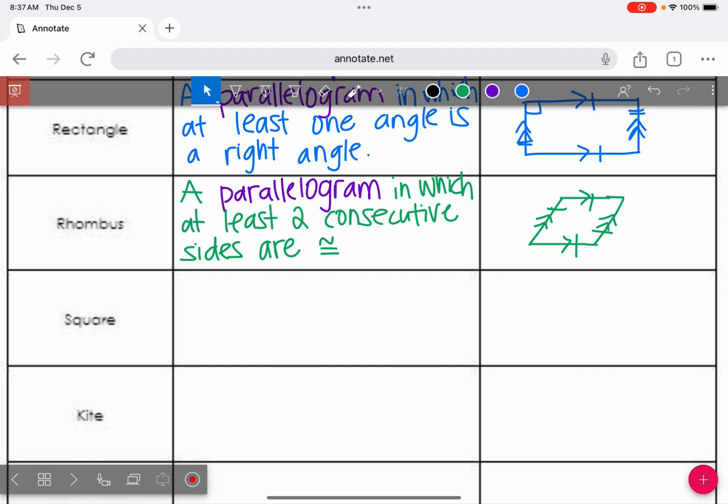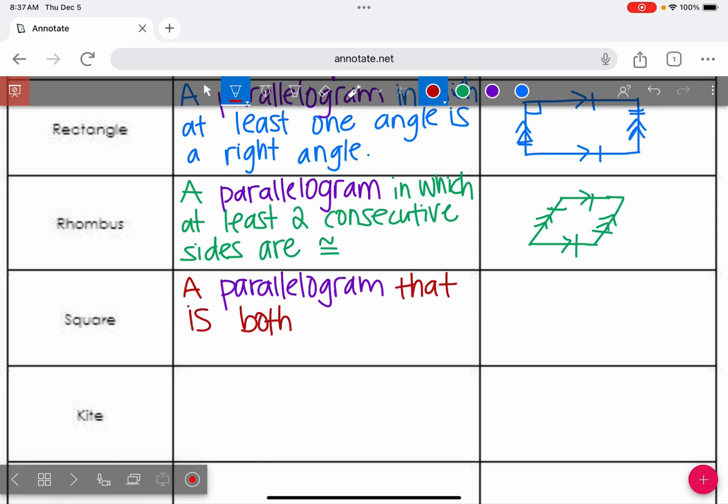Next, we have a square. A square is still part of the parallelogram family. So a square is a parallelogram that is both a rectangle and a rhombus.